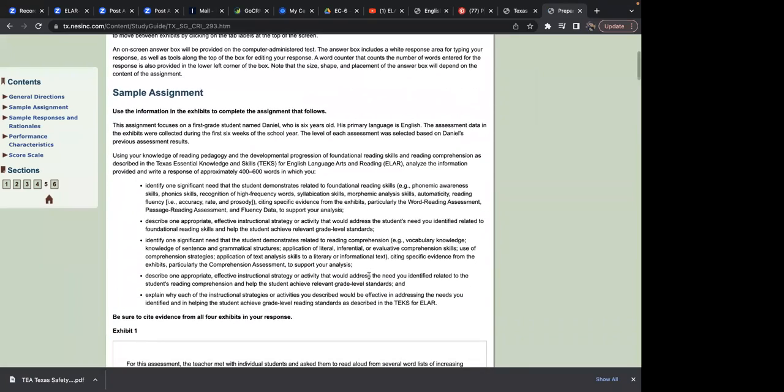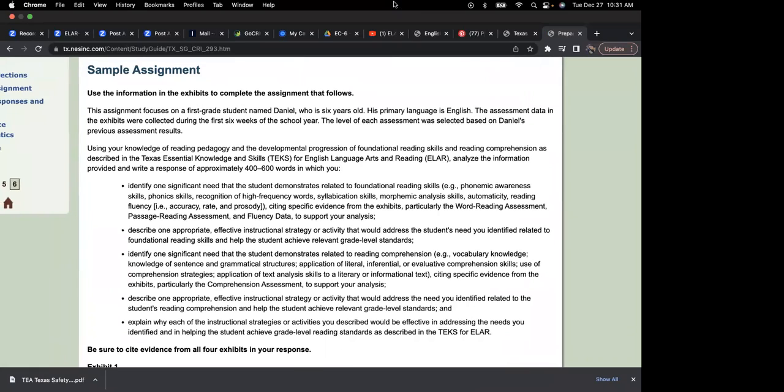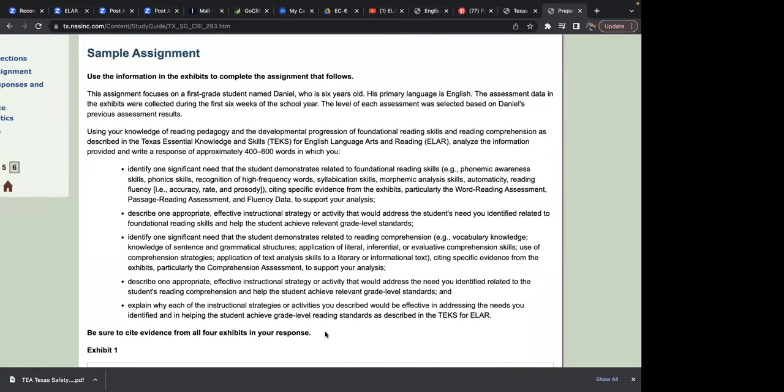But you're going to see here, it tells you explicitly, and again, Marina, this is important for you too, because you'll be doing these in ELAR reading. Foundational reading skills. So one of the first things that you need to do is identify one significant need of your student, a foundational reading skill need that is not where it needs to be, and that therefore is affecting comprehension or movement upward.